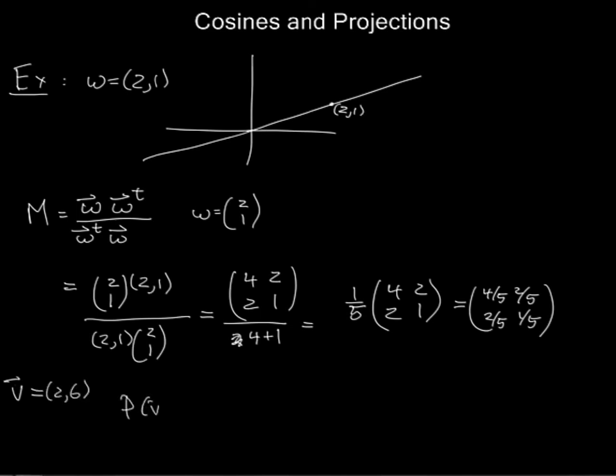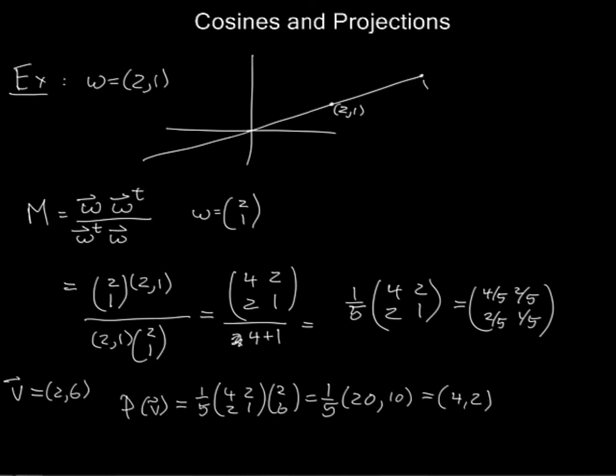So let's, for example, suppose v was the vector 2, 6. What is its projection? Well, you just apply this matrix to it, and you get 1/5 times, let's see, 8 plus 12 is 20, and 4 plus 6 is 10, and you're getting the vector 4, 2, which is indeed on the line. It's 2 times the vector 2, 1. The vector that I started with, 2, 6, is kind of hard to draw in the picture.